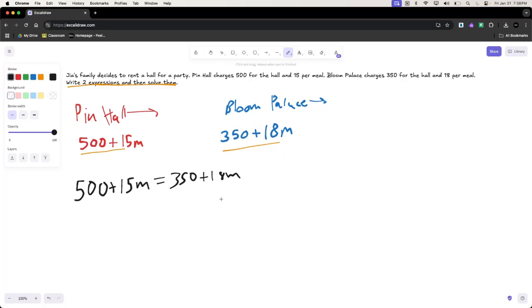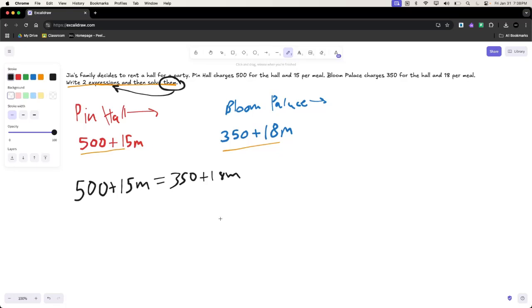All right. So this is what it means by solving these two expressions, because it's telling us to write these two expressions, but then it's saying to solve them. The "them" it's referencing is most likely the expressions, because that's what it just referenced.